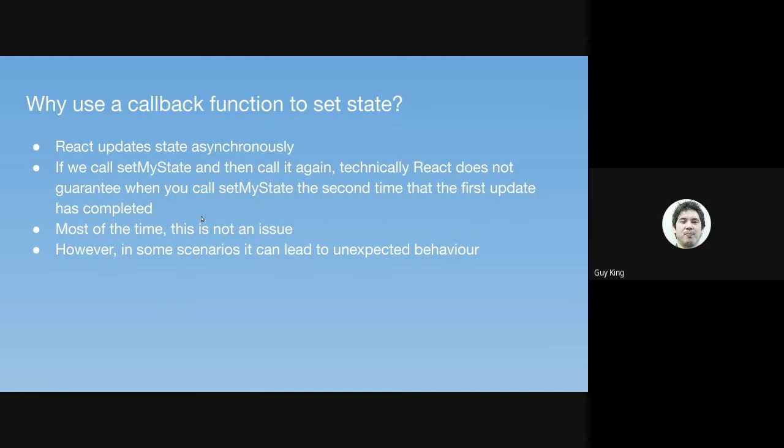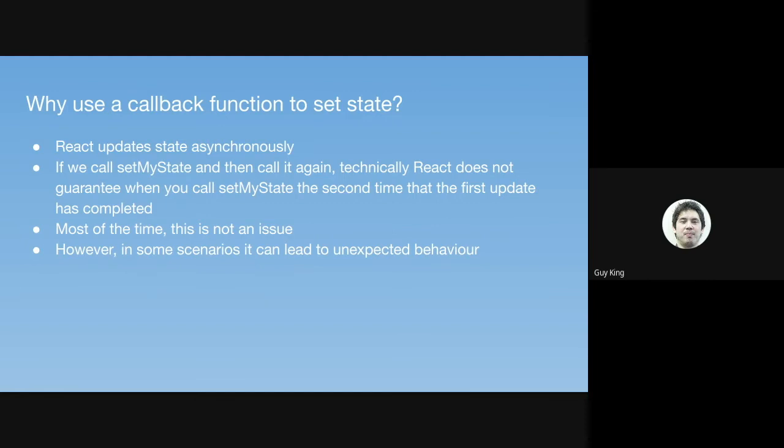But yeah, so to answer the question, what purpose does this callback function serve? Well, it's because React updates state asynchronously, and that's relevant here because if you call your modify function twice, and in the second call, the value that you want to update the state to depends on the result of the first call, which also updates the state, then React is not going to promise you that by the time you call the second update state function, the first one is completed.